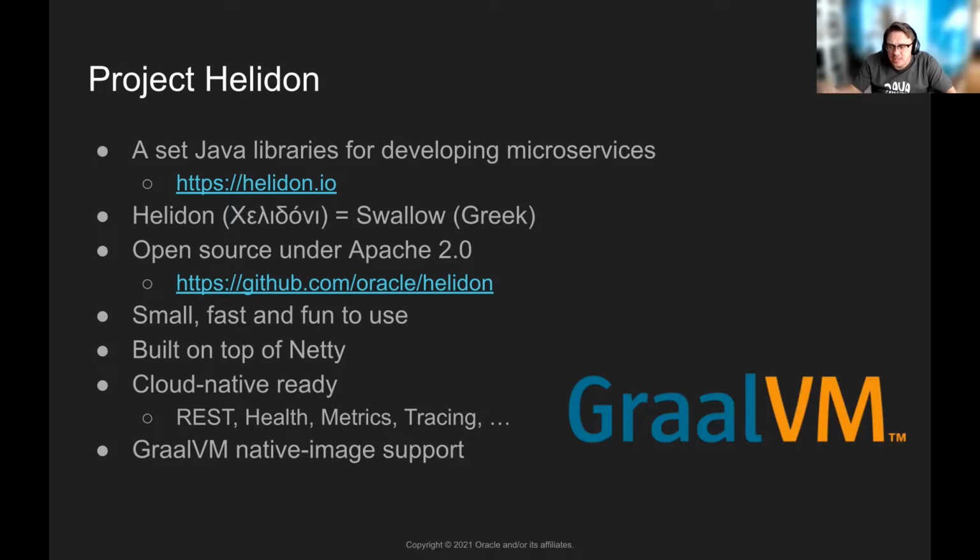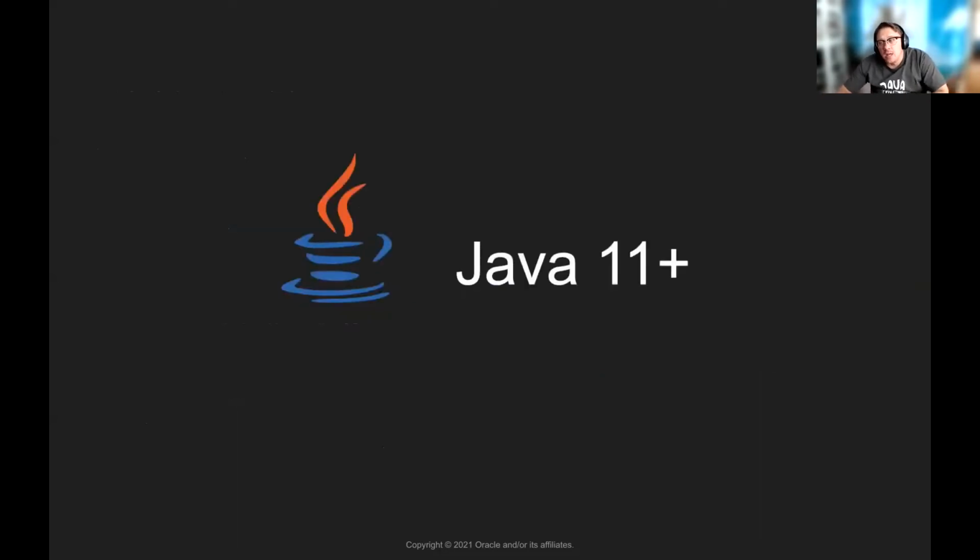Whenever we do something, we really care for it to be GraalVM native image compatible. I believe 99% of our code, maybe some dependencies that we're using are GraalVM native image friendly. That means whenever I want to make it really small and fast, GraalVM is for you.